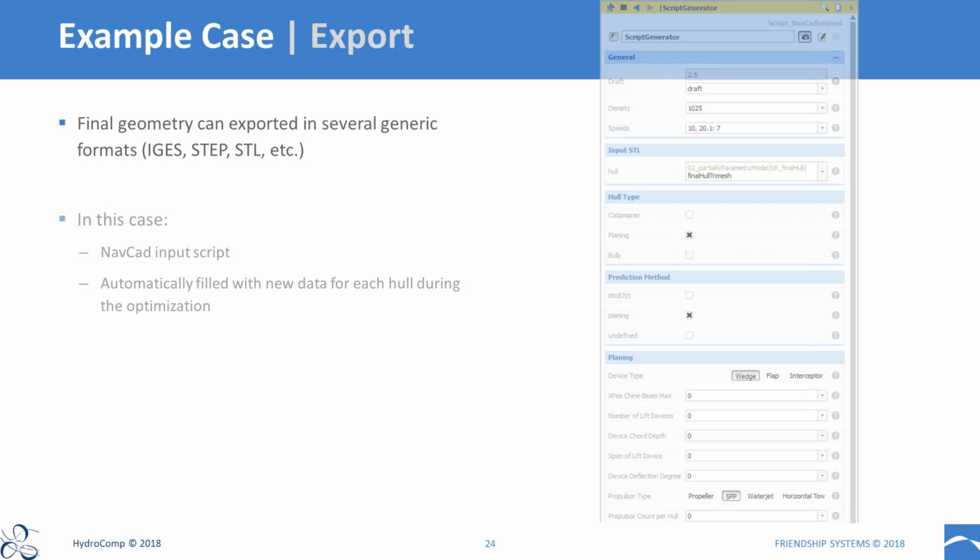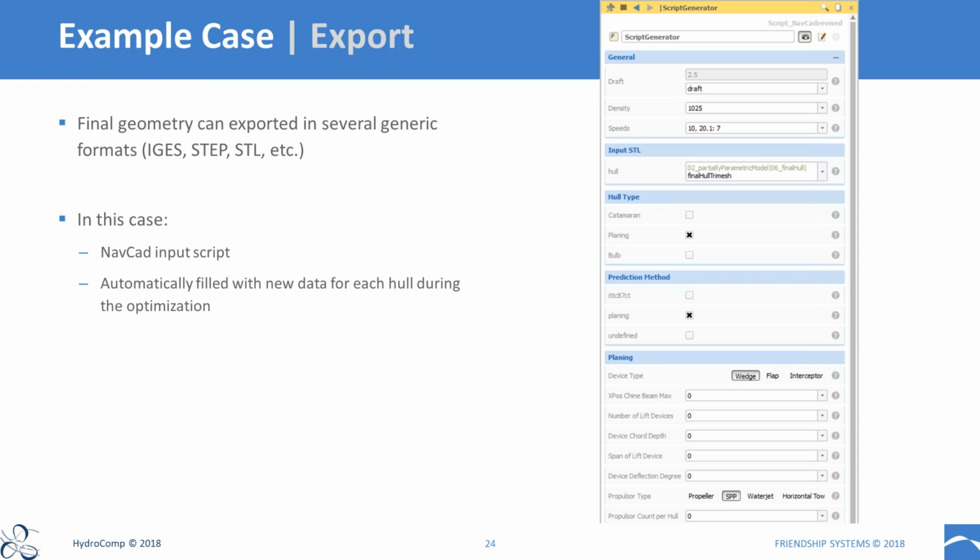So all, let's say, surface-based formats, or in this case, we transfer the geometry to NavCad using a specialized input script that contains all the necessary information about the geometry. And that, in CAESES, is automatically filled with new data for each hull variant during the optimization process.